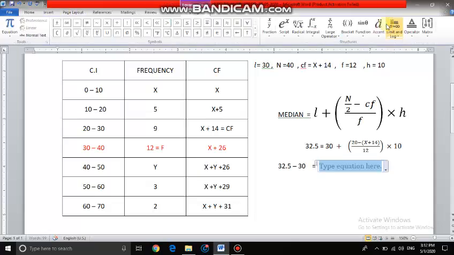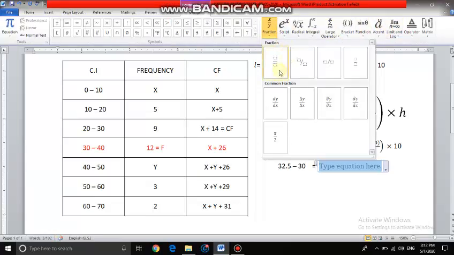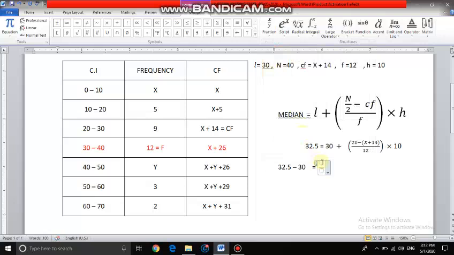Let me go here, insert equation, fraction. Now here, if you observe the numerator, this is 20 minus of x plus 14. So it has to come as 20 minus x minus 14 if I open the bracket. So 20 minus 14 is 6 minus x. 6 minus x will come.